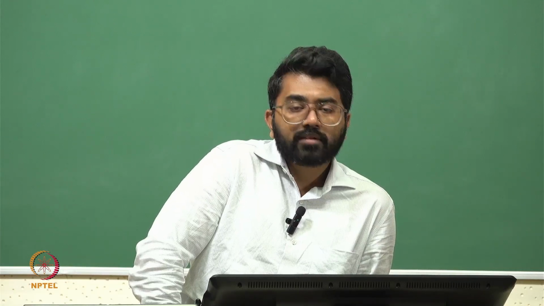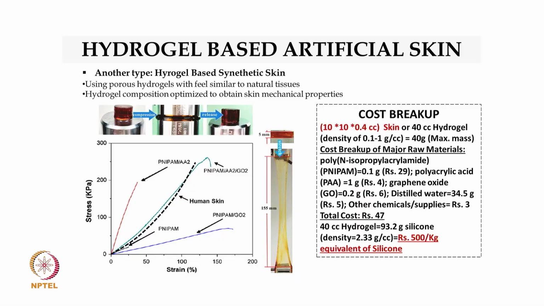So here is an example on the left where you're looking at the stress strain profile. You're looking at the human skin properties, which is in the dashed black color. Then you have one set of chemicals which were mixed to create a hydrogel, known as PNIPAM/AA2, right? But that produced properties which were much greater, or stiffer, than the actual human skin.